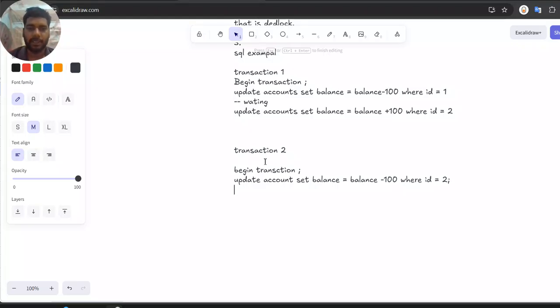They execute it, and then they wait, and then execute update account set balance equal to balance plus 100 where ID is equal to 1.